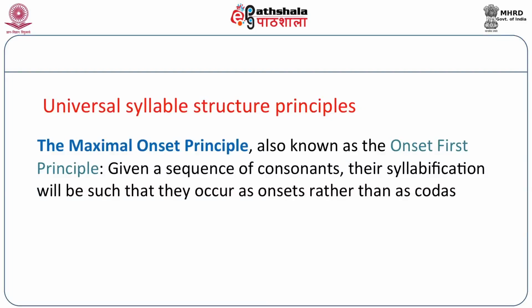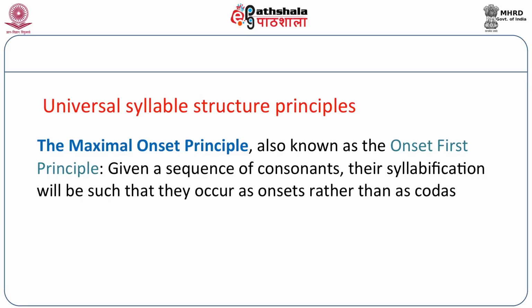Two of the universal principles of syllabification are especially accepted and have been found to be playing a crucial role in organizing sound segments into syllable structures. One of them is the maximum onset principle. The principle is stated as this: given a sequence of consonants, their syllabification will be such that they occur as onsets rather than as codas.